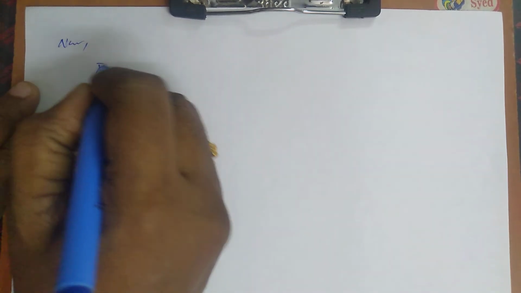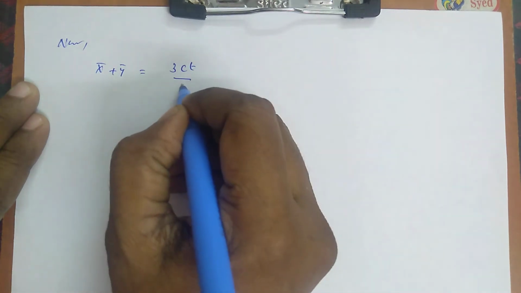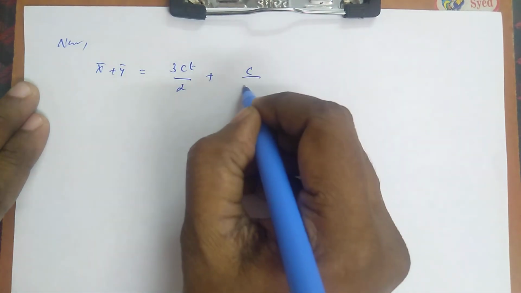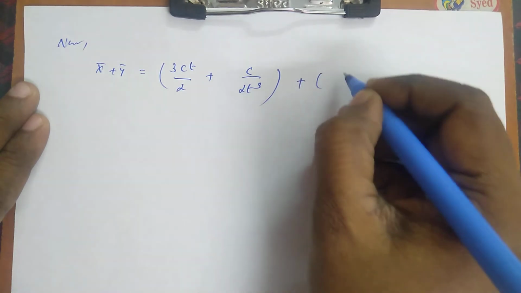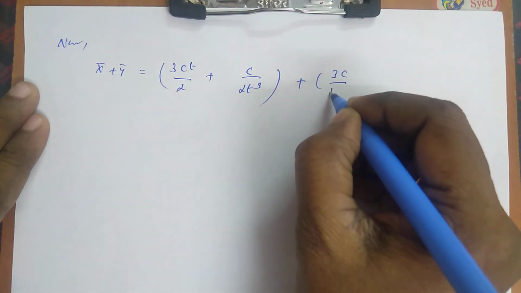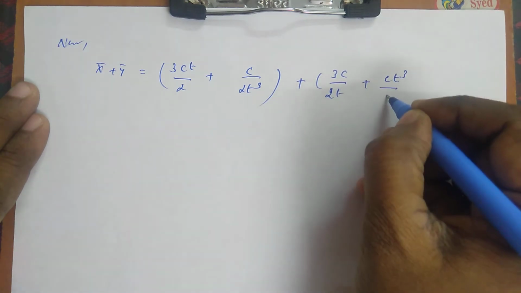Now x bar plus y bar is equal to 3ct by 2 plus c by 2t cube, this is our x bar, plus y bar 3c by 2t plus ct cube by 2.